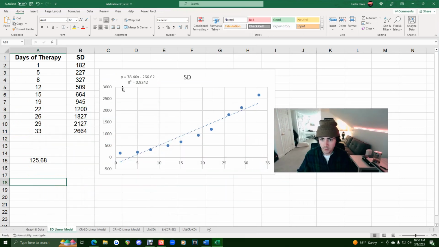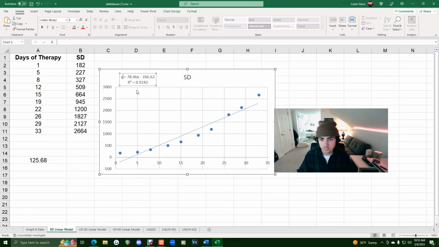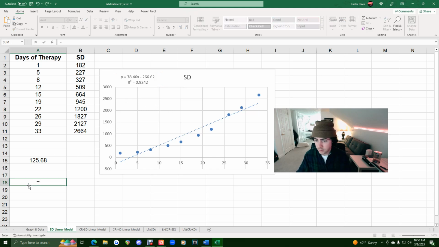All right, so imagine there's a 10,000 in here, right? We're solving for x, so we're going to add 266, and we're going to divide by 78 point yada yada. I'm going to put y back in its place, but then I'll type it all here. So we're doing 10,000 plus 266.62, because we're adding the 266 from here to the left side.